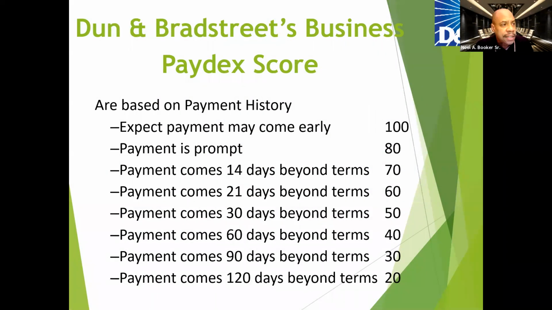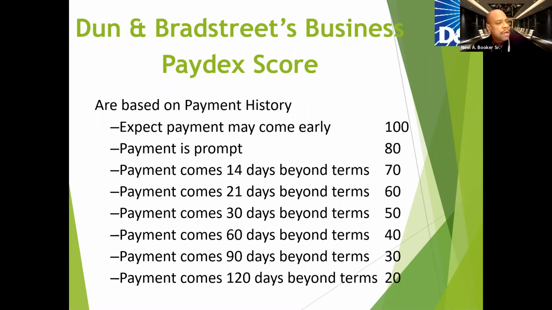Now, at Dun & Bradstreet, they have what they call the Paydex score. The Paydex score goes from 1 to 100, with 100 being the best. This is totally how your business Paydex score is driven: 100% on how you pay your bills, and you have control over that.